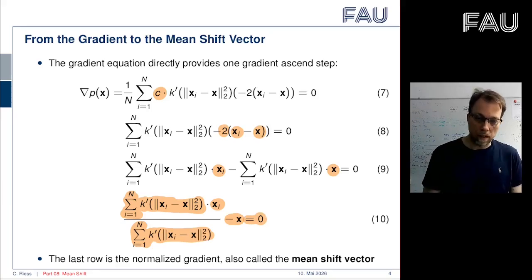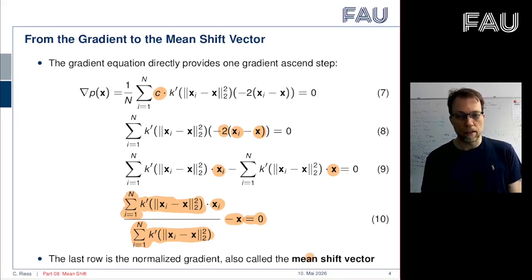This is an important equation. The last row is the normalized gradient, and it's called the mean shift vector.